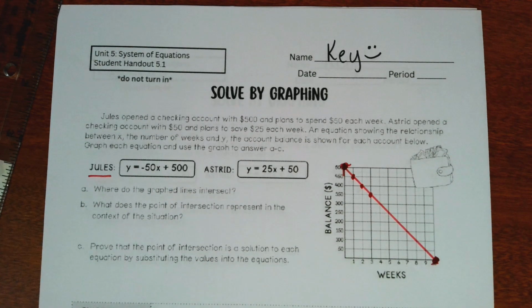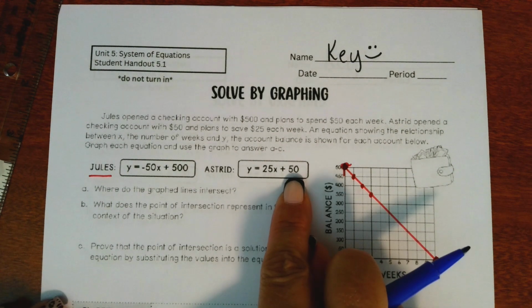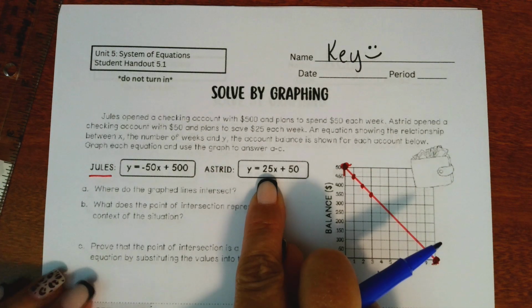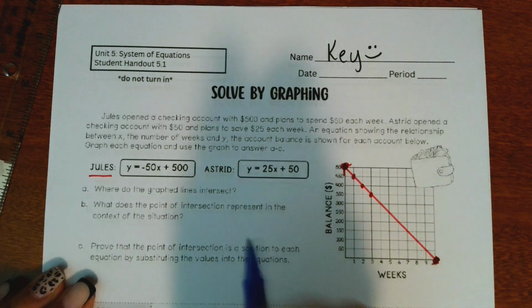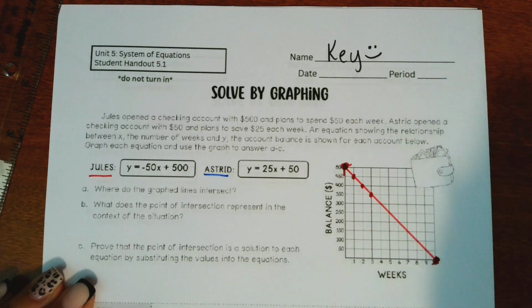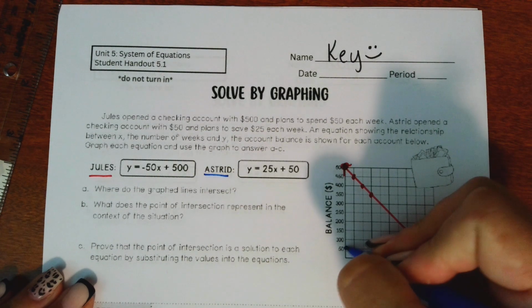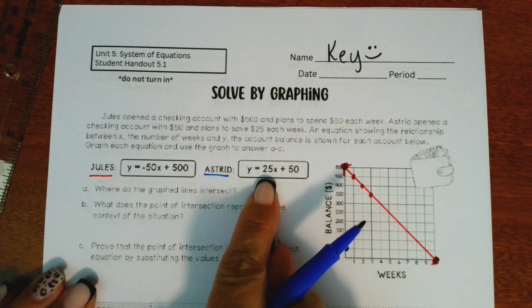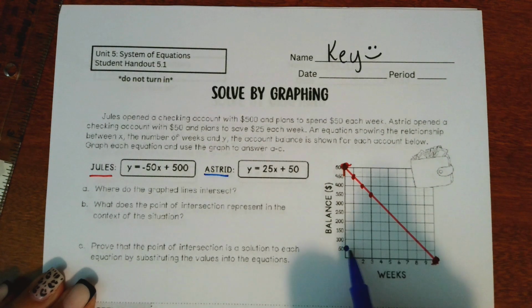Okay, next, we're going to look at Astrid's account. And Astrid begins at $50. And Astrid is saving $25 each week. So for Astrid, we're going to start on the y-axis at 50. And Astrid is gaining $25 per week. So you can say he rises 25 and runs 1.